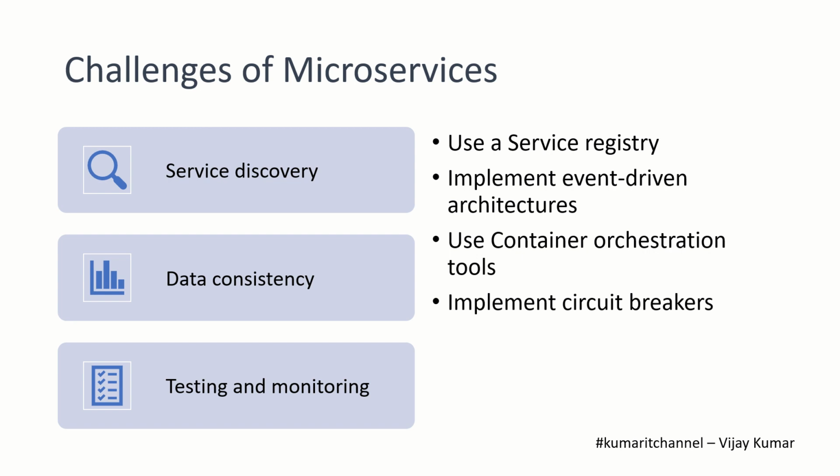So definitely they should go with tools like Linkerd or Istio that can address these challenges. Additionally, container orchestration tools like Kubernetes can help to automate deployment and management of services.